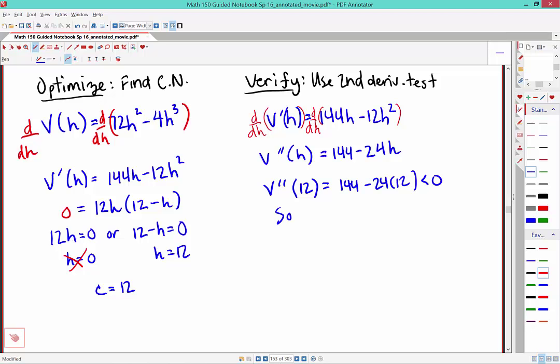So h equal to 12 yields a relative maximum.